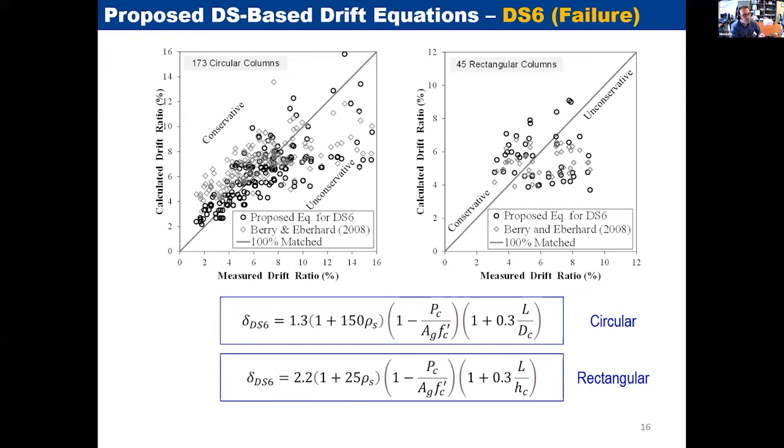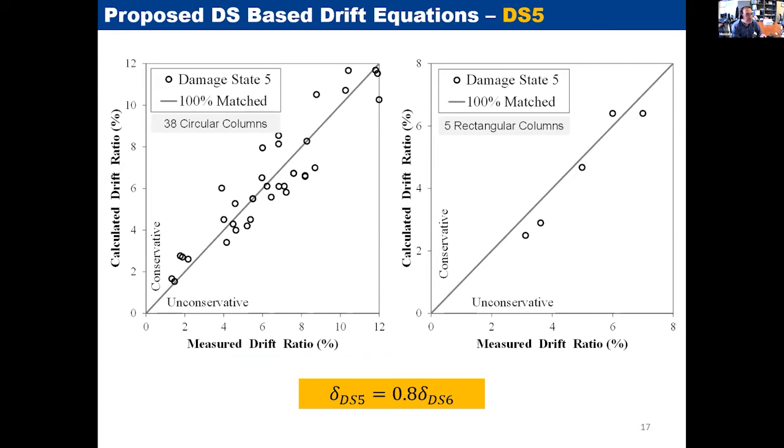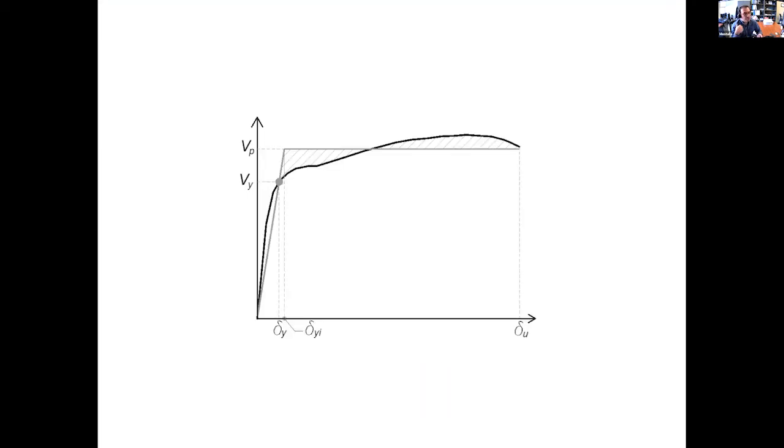For example, if you're seeing spalling, that means 2% displacement during the worst time of the earthquake. We also did it for damage state 5. Rather than developing a new equation, we said let's relate it to damage state 6, so 80% of that. And for 4, 3, and 2, we did another one.